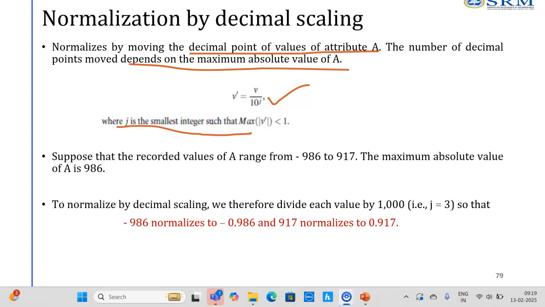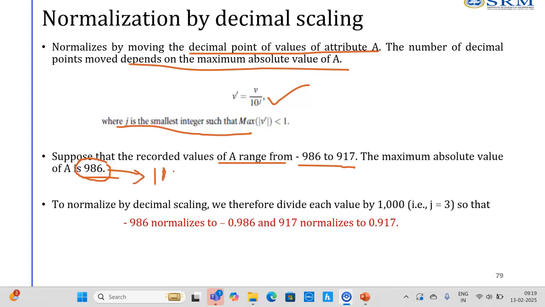Suppose that the recorded values of attribute A range from minus 986 to 917. The maximum absolute value of A is 986. So to normalize by decimal scaling, what is the closest power of 10 above this?